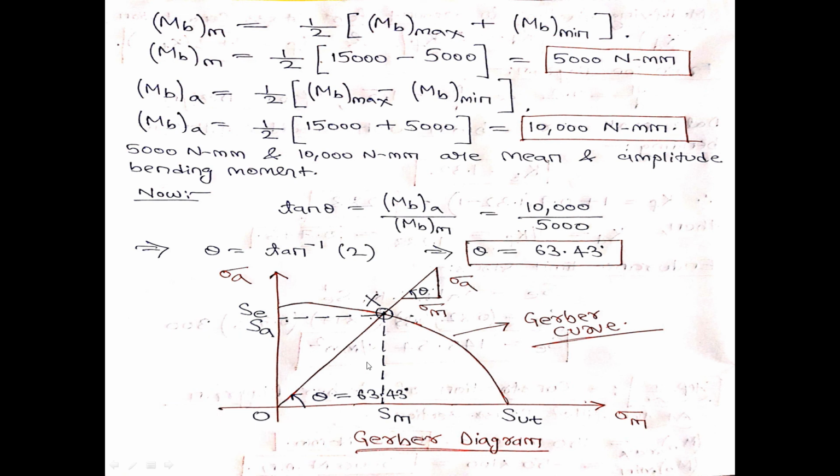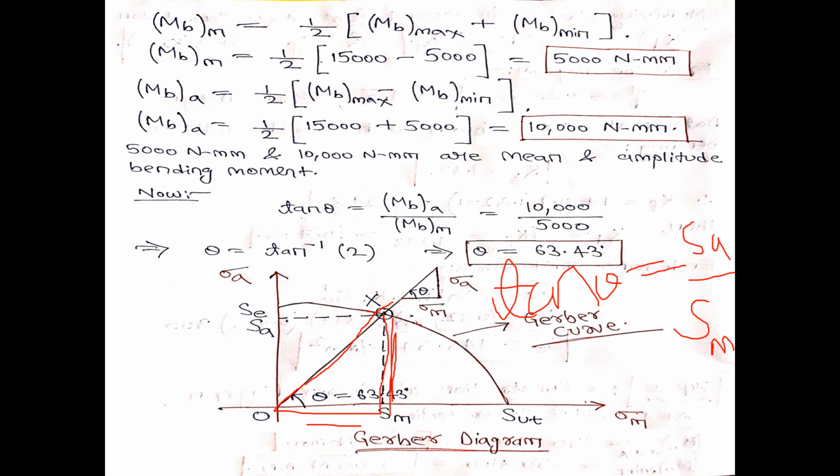Now in this Gerber diagram, if you see this particular triangle, I can write tan theta is equal to perpendicular, perpendicular is nothing but SA, divided by base, base is nothing but SM. Can I write this or not, looking at the diagram? Because this value is my SA, the perpendicular is SA and the base is my SM. So if I take this triangle, then I can write tan theta is equal to SA by SM, perpendicular by base. Yes or no?